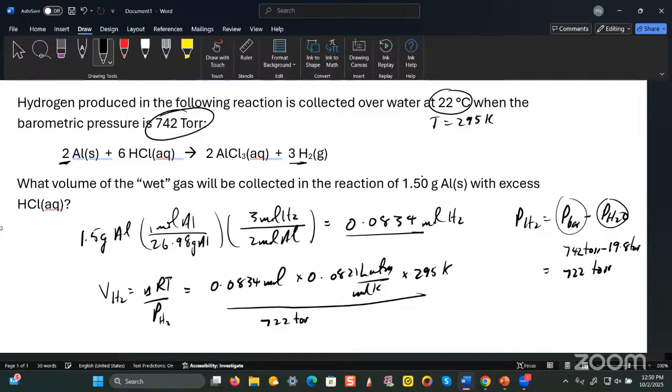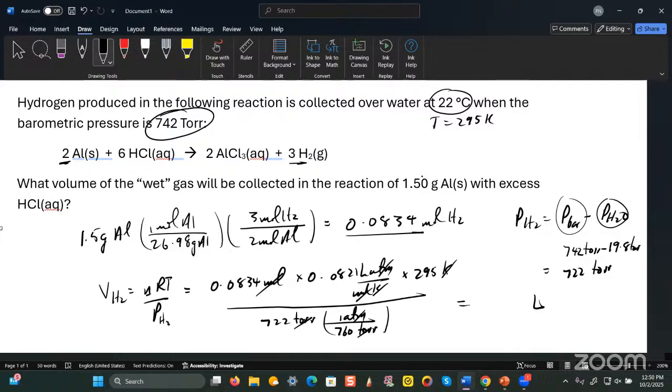However, we cannot leave this in torr units. We have to convert that to atmospheres, so we multiply by 1 atmosphere divided by 760 torr. In terms of unit cancellations, the mole, Kelvin, atmosphere, and torr units will cancel out, so the only unit remaining would be liters.